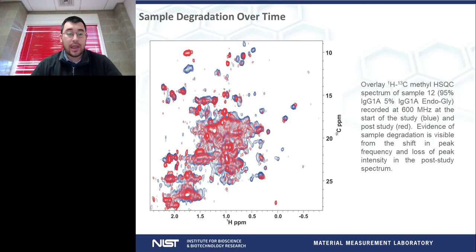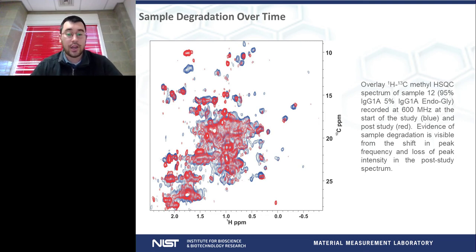And the blue is the initial data that was collected, which was the very first spectroscopic data collected on this sample, or the very first spectrometer used. And then we see in red the data collected on the exact same sample after a year on the exact same spectrometer. And you don't need to be an NMR spectroscopist to be able to see that there is a distinct difference between the two samples.